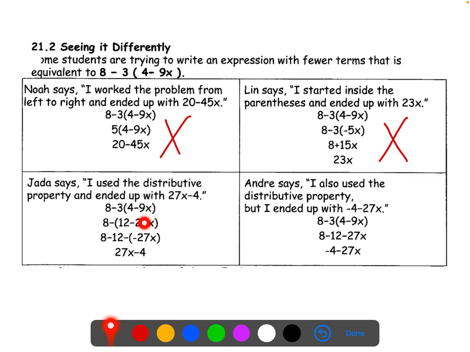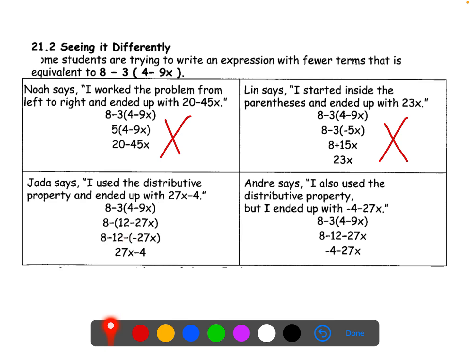That's 27x. We're still subtracting, so we're good so far. Okay, so they've rewritten it. Now let's see what happened next. Next we go to 8 is having all of this in parentheses taken away. So they start by taking 12 away, 8 minus 12. That works. 8 minus 12 is negative 4.